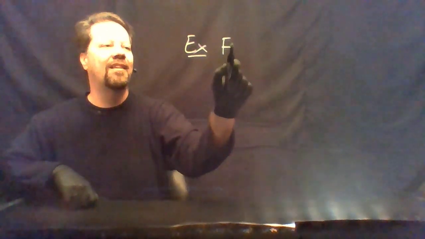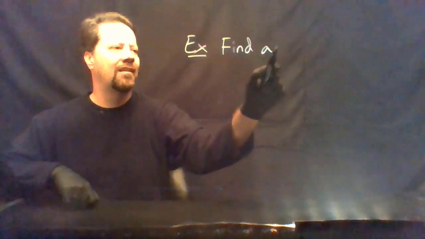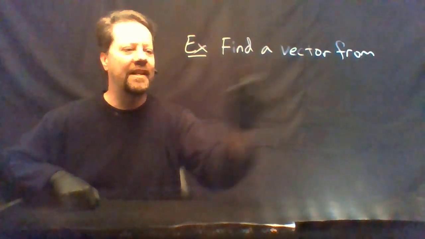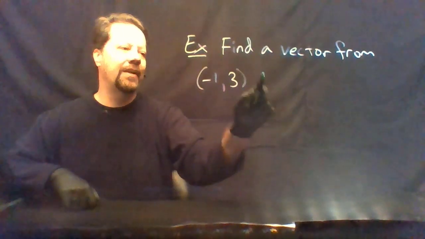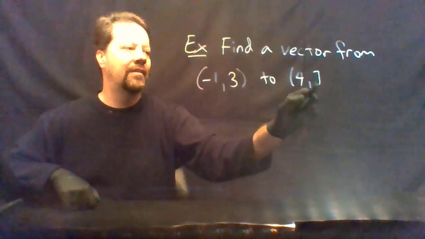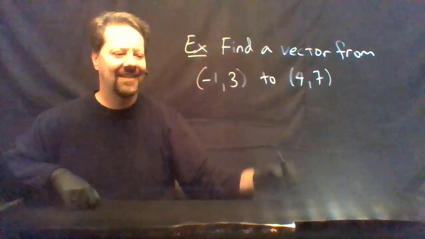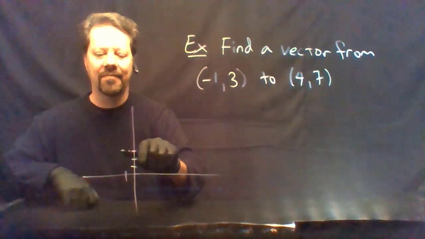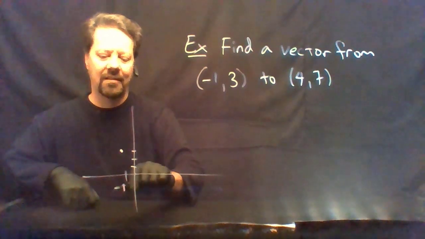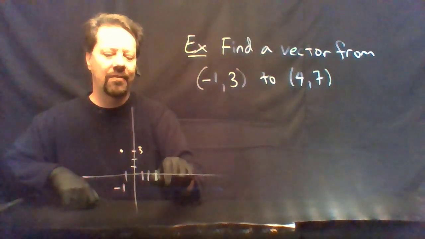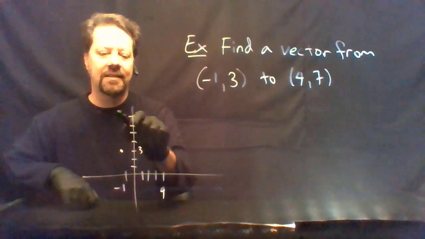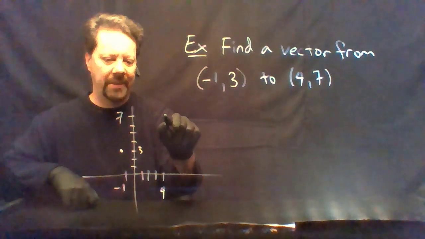Let's do some basic things. Find a vector from -1, 3 to 4, 7. Let's see. Negative 1, 3 would be here. 1, 2, 3, 4. 4, 5, 6, 7 would be here.